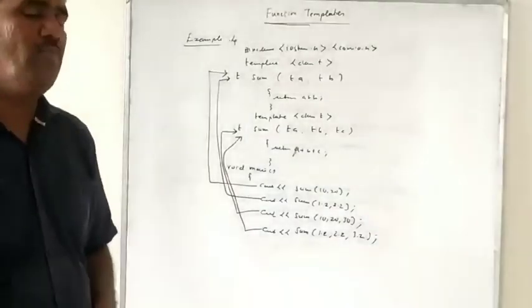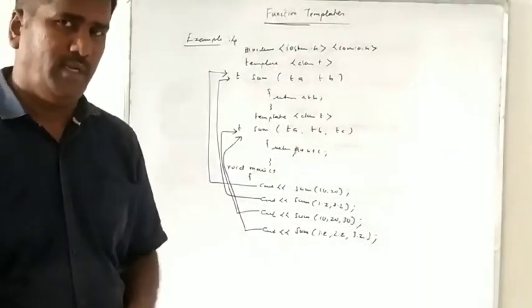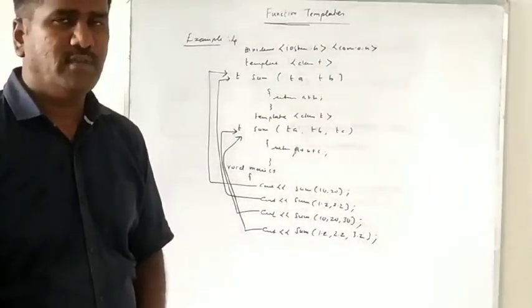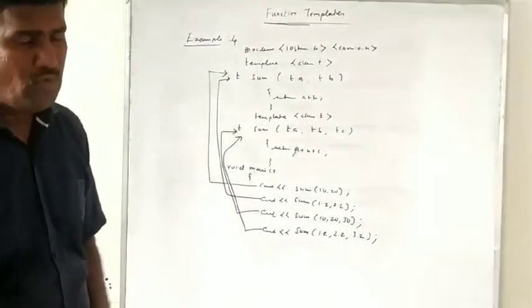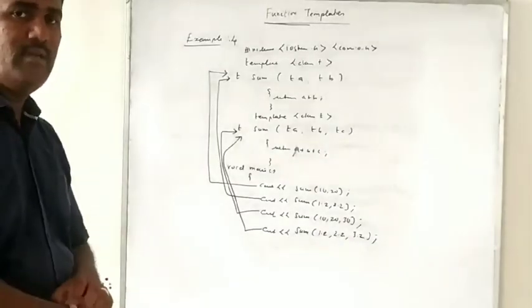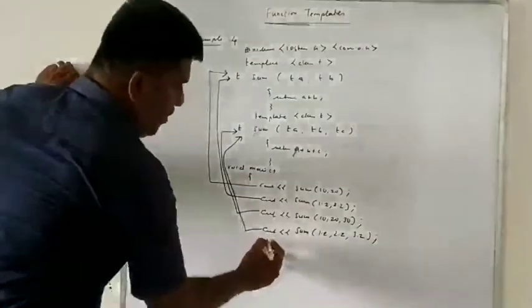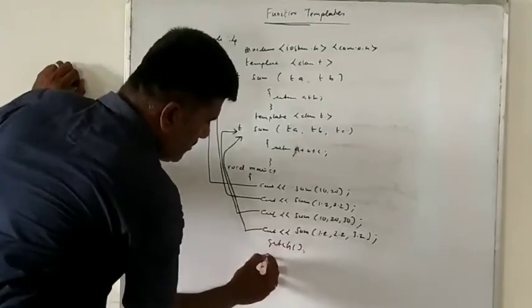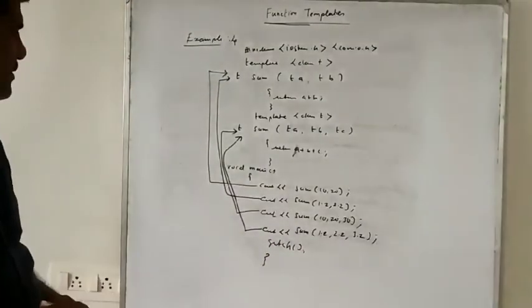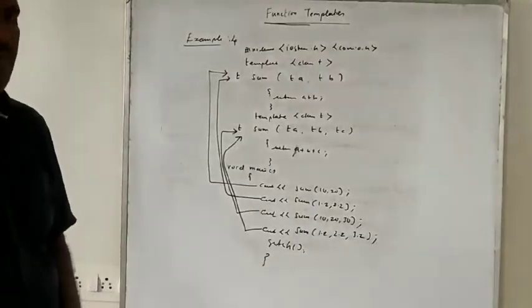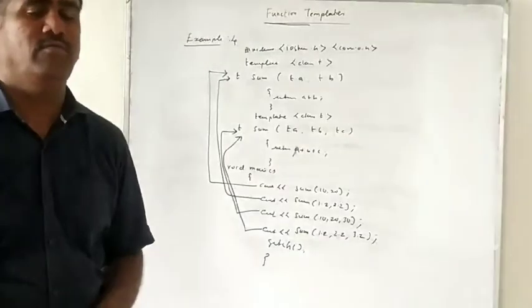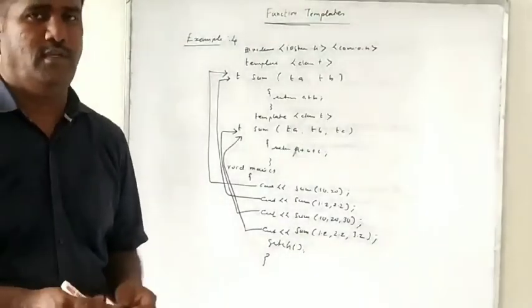Then suppose I want to pass array arguments. So everything is discussed using 3-4 examples. The students understand well. After completing this, we put the getch function, and finally you close the program. So this is called template function overloading.